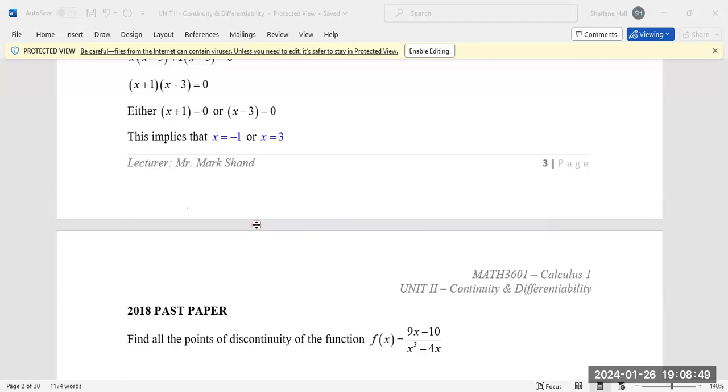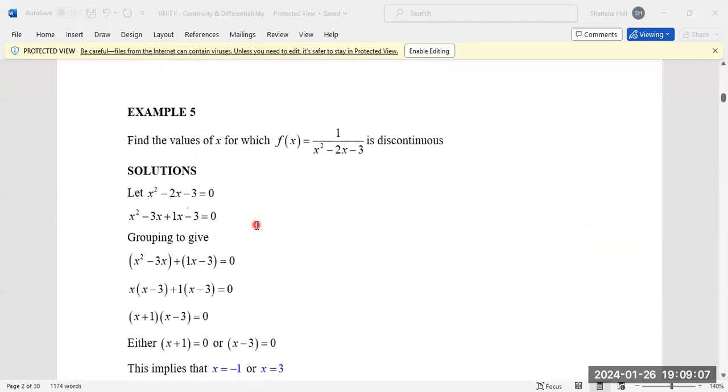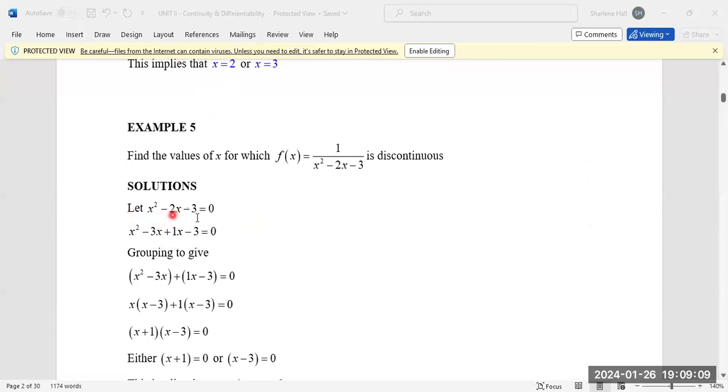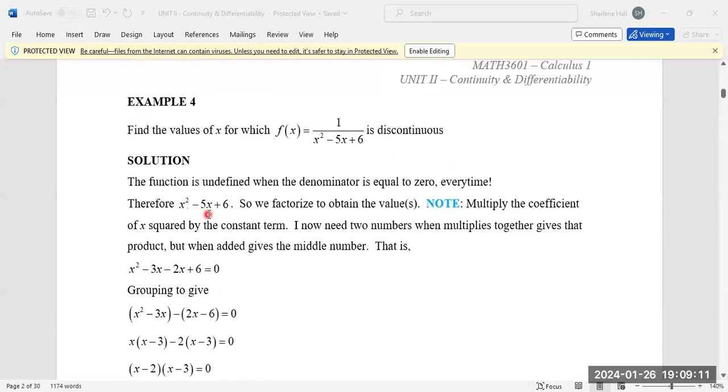The question says find all the points of discontinuity of the function. How do we find the points of discontinuity? We let the denominator be equal to 0. Yes, you must start off by writing that statement. Let the denominator equal to 0.